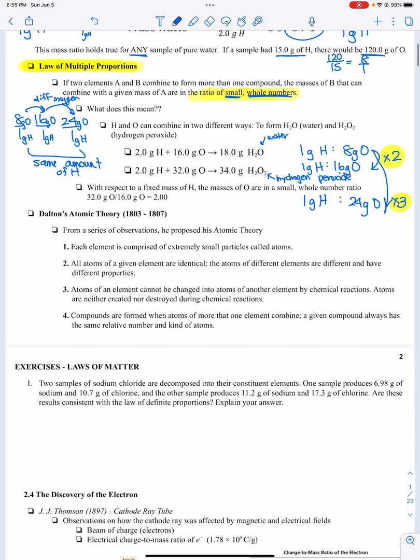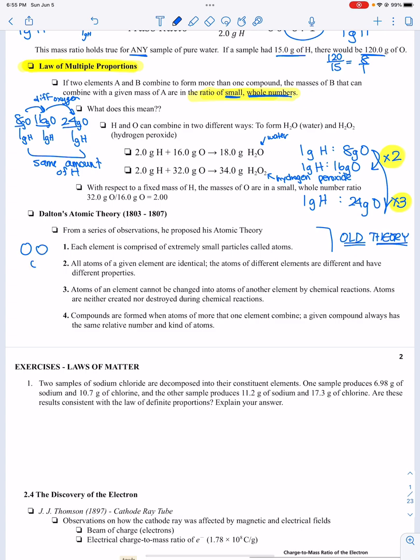At the bottom here, we have Dalton's atomic theory. It's a little bit of an old theory, and you could read this. It's not really typically tested on the AP exam, but just keep in mind that in the early 1800s, this is what Dalton thought the model of matter or atom looked like. He thought that it looked like very small particles called atoms. Each atom of a given element is identical.